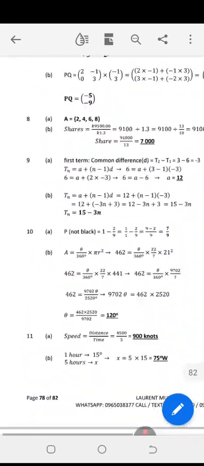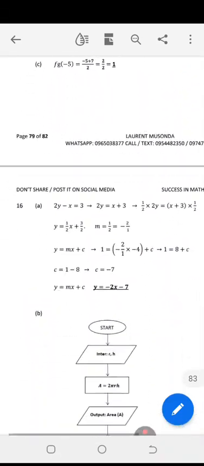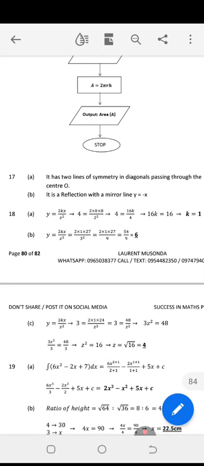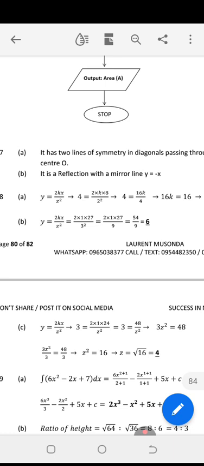Remember I said direct variation, the number goes on top. Inverse variation, the figure goes down. So since the 2x is direct variation, it goes on top. You write y is equal to 2x on top over z to the power 2. But remember, for any variation, there has to be a constant called k.